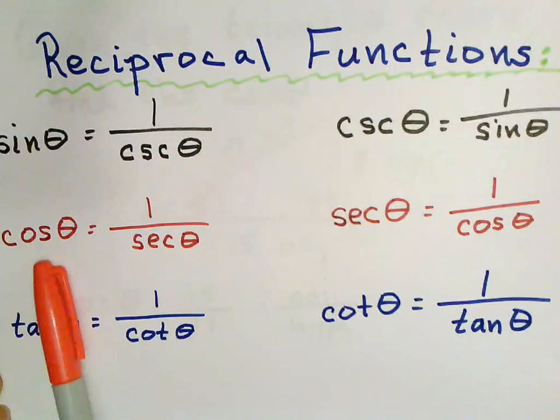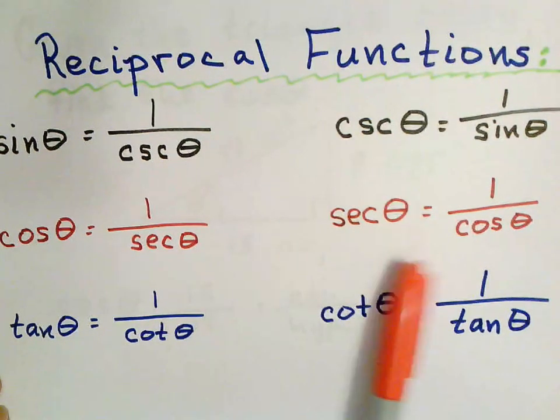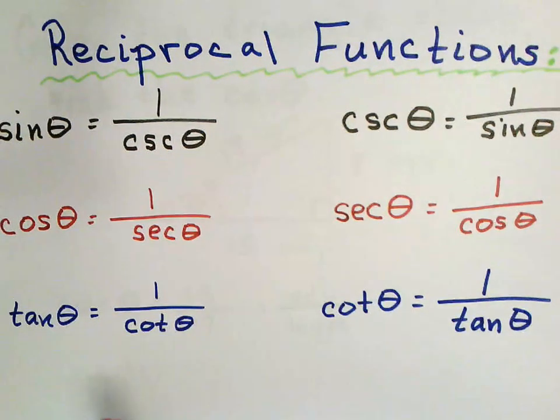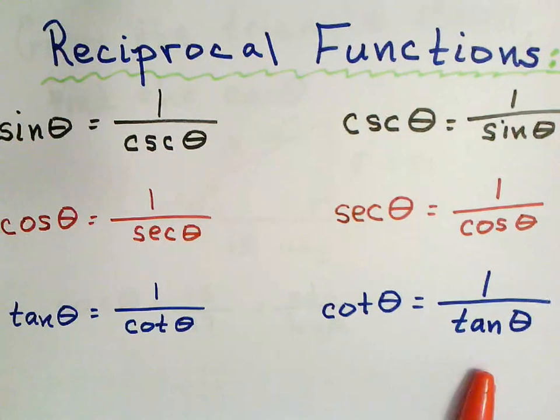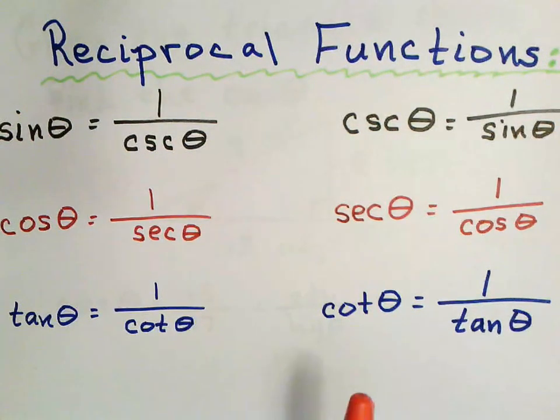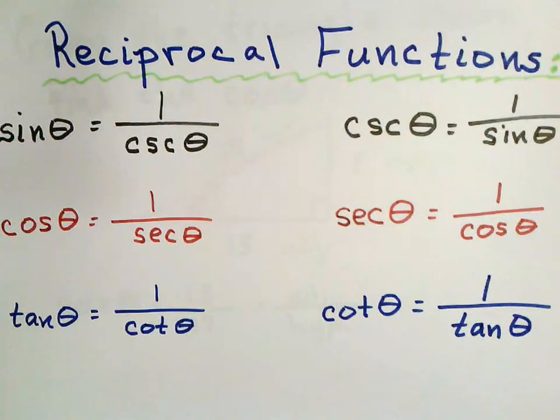And cosine of theta is 1 divided by secant of theta, and secant of theta will be 1 divided by the cosine of theta. Tan of theta is 1 divided by cotan of theta, so cotan of theta will be 1 divided by the tan of theta. So this is how you find the cosecant, the secant, and the cotan on a TI graphing calculator that does not have cosecant, secant, or cotan on it.